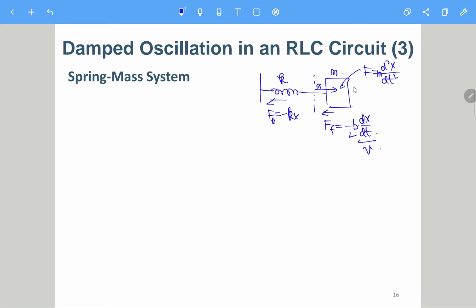F should be Fk plus F friction, the spring and also the friction. So F is m d2x dt2 equals Fk, which is minus Kx, and then Ff is minus B dx dt.